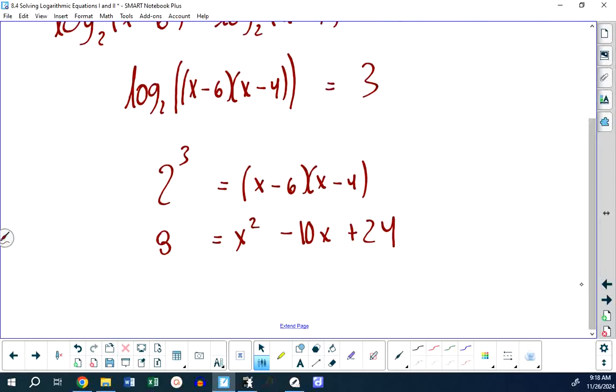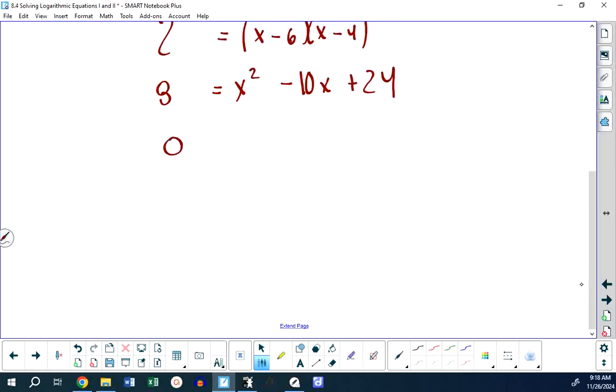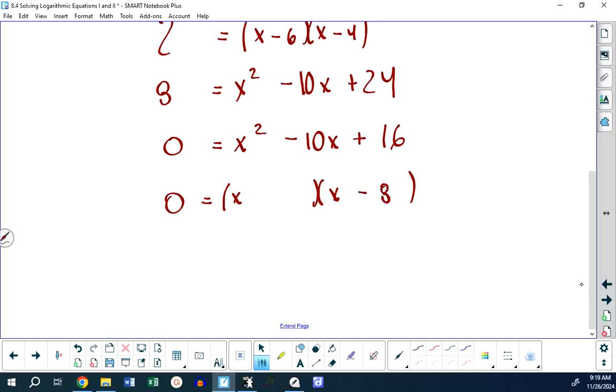Subtract 8 from both sides because that's what we do when we solve any quadratic equation. We want to zero it. I don't know why I'm questioning myself there, but 24 minus 8 is 16, isn't it? Okay. This is factorable because there are two numbers that multiply to give 16 and add to give negative 10, and they are negative 8 and negative 2.